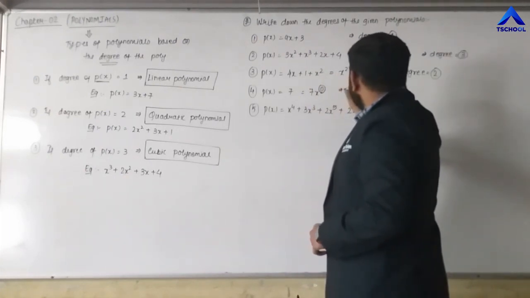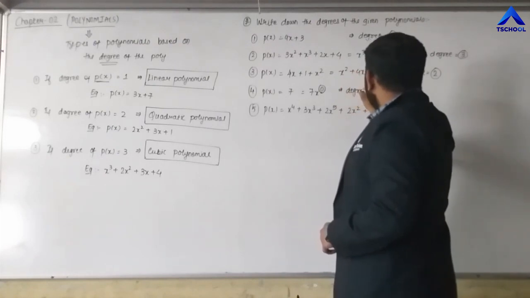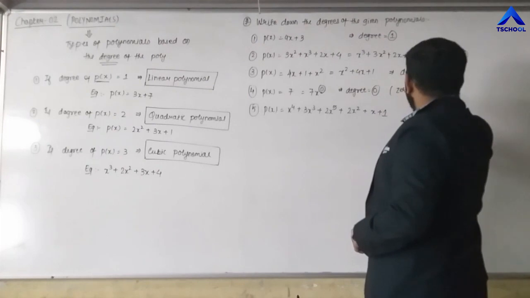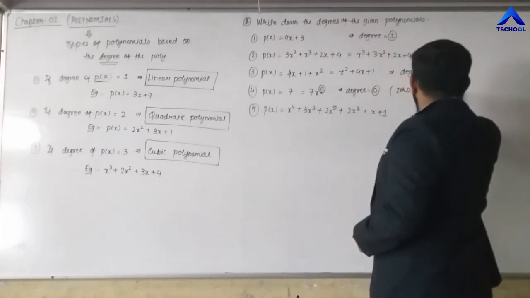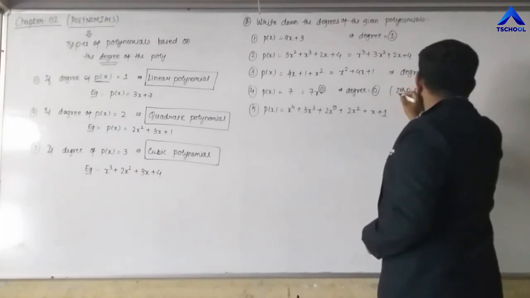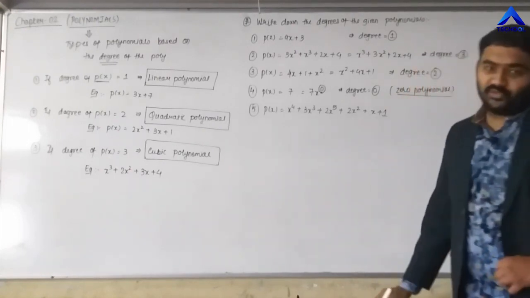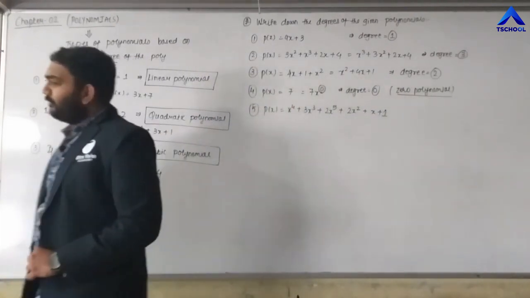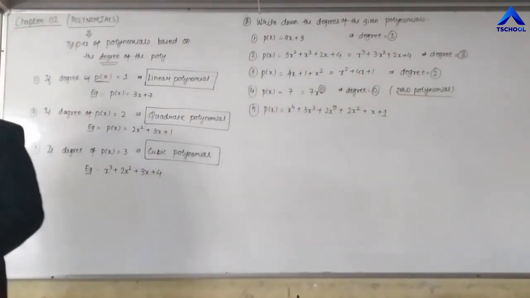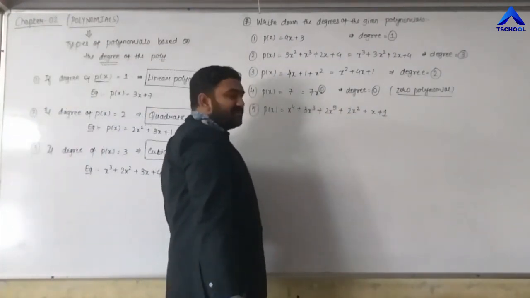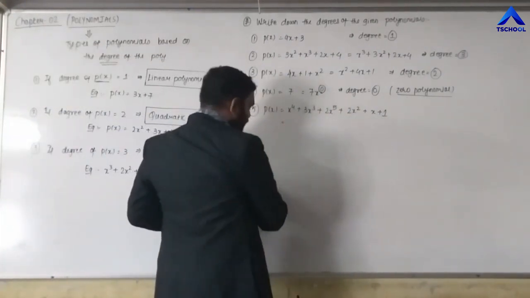So it is known as a zero polynomial having its degree 0. Is it clear everyone? This is a zero polynomial. It is not there in the syllabus, but again for our information we will keep it in mind.